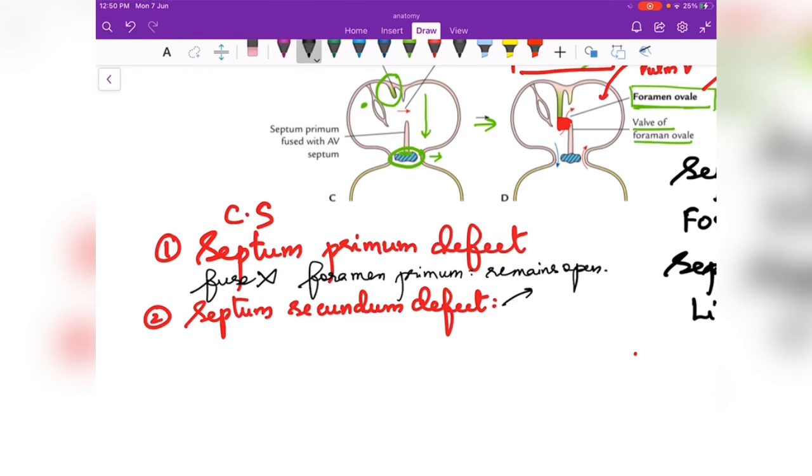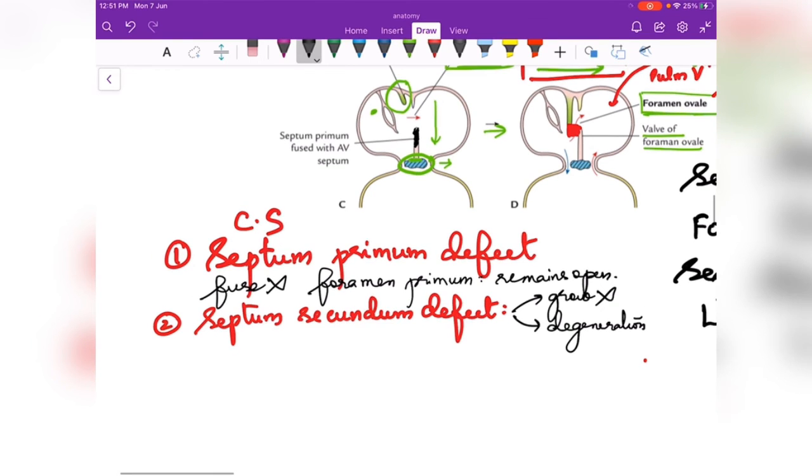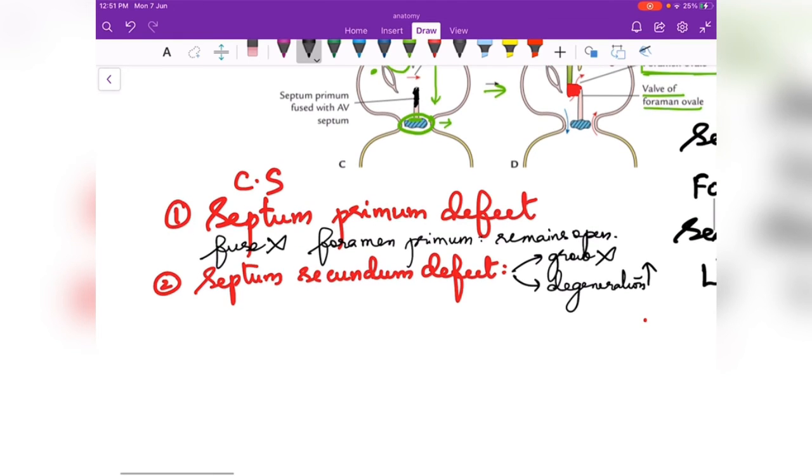First, the septum secundum doesn't grow enough, so the foramen secundum remains open. Second, the degeneration of the septum primum is too much, so that the septum secundum is unable to close the foramen secundum, and it remains open. That's the defect in the septum secundum.